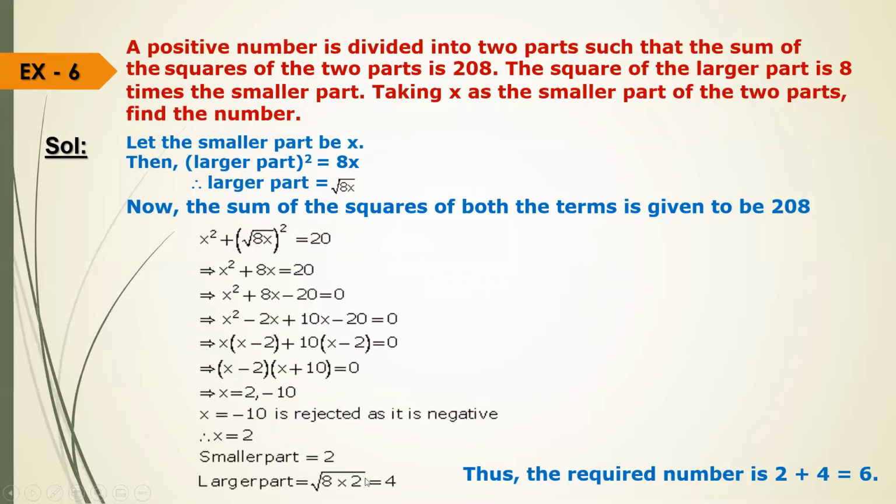Root 8x means root 8 into 2, that is root 16, and root 16 is equal to 4. Hence we get two numbers, 2 and 4. I hope the method is clear to you. Have a look once again. Then I am coming to the next example.